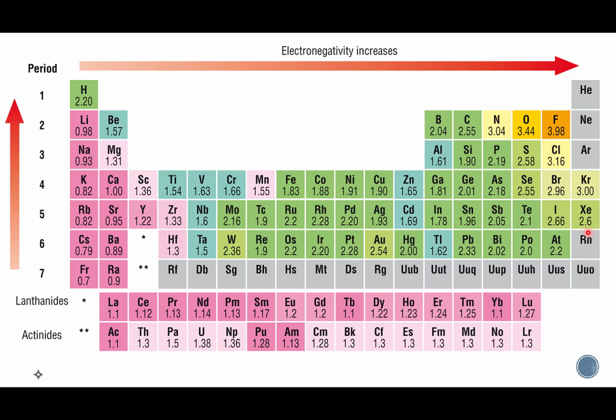So if we look at the example that we were just looking at, we had the oxygen-hydrogen bond. I'm going to take the electronegativity of oxygen, which is 3.44. I'm going to take the electronegativity of hydrogen, which is 2.20.